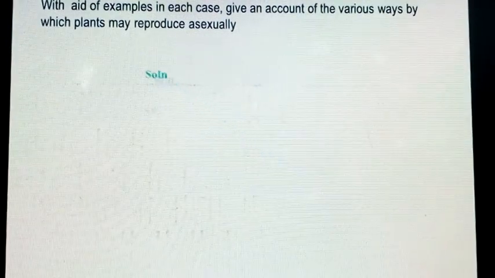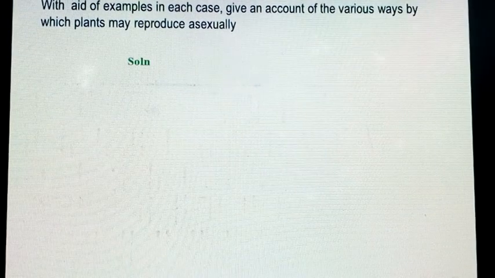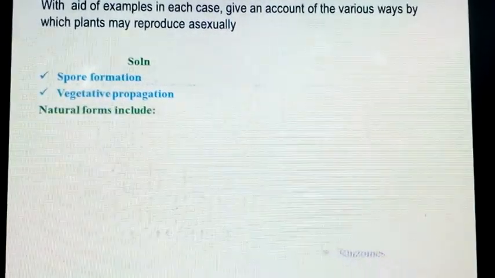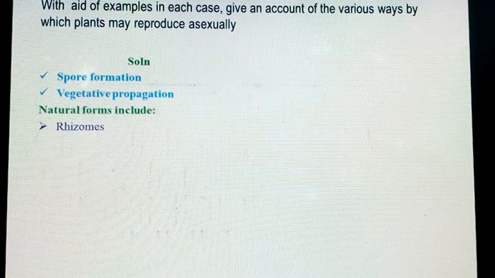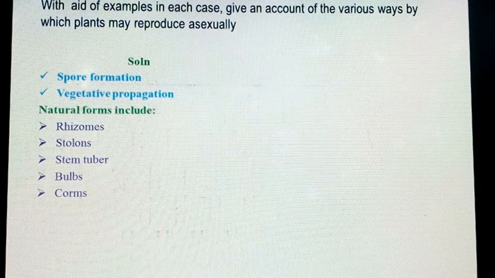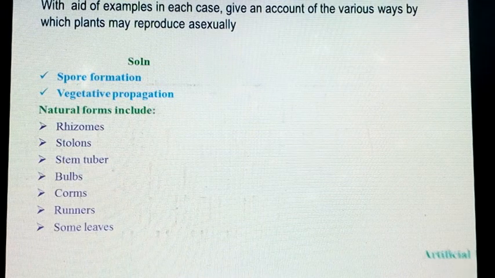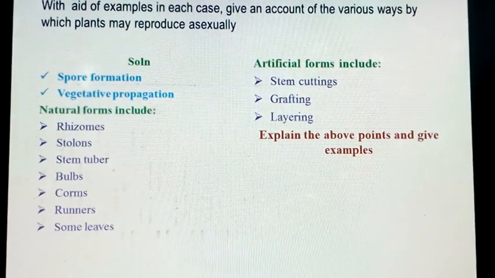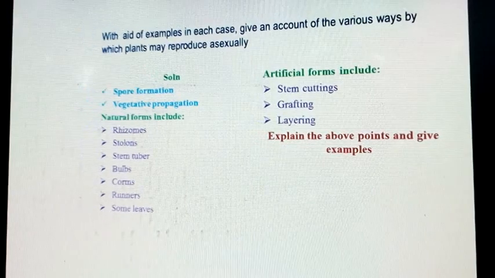So I've tried to give you a clue about it, and among the solutions, I expect you to give me spore formation, vegetative propagation, where we shall have the natural forms of rhizomes, stolons, stem tuber, bulb, corms, among others. I expect you to talk about the artificial mechanisms of producing plants like the grafting, the layering, the stem cuttings, among others.